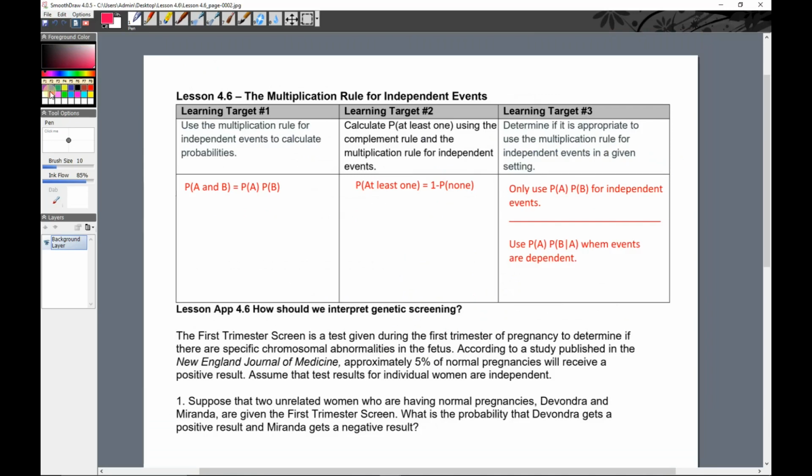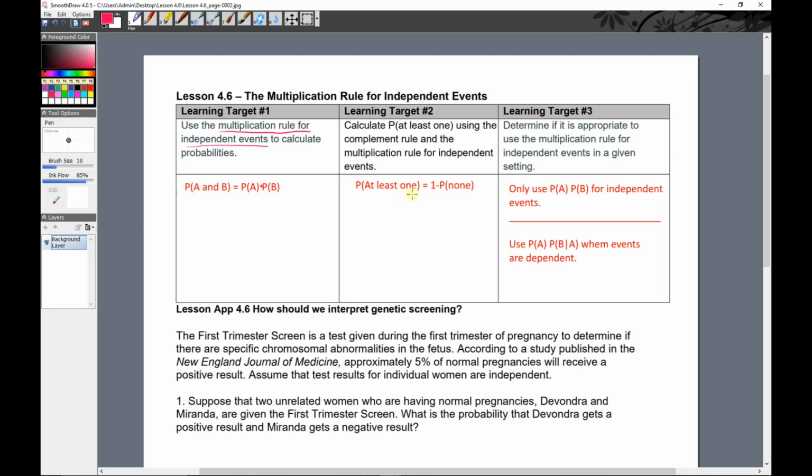Moving on to page 2 with our learning targets. Learning target number 1 is to use the multiplication rule for independent events to calculate probabilities. And here's the formula. I'll just put a little dot in between here to indicate multiplication. Learning target number 2 is to calculate the probability of at least 1 using the complement rule and the multiplication rule for independent events.